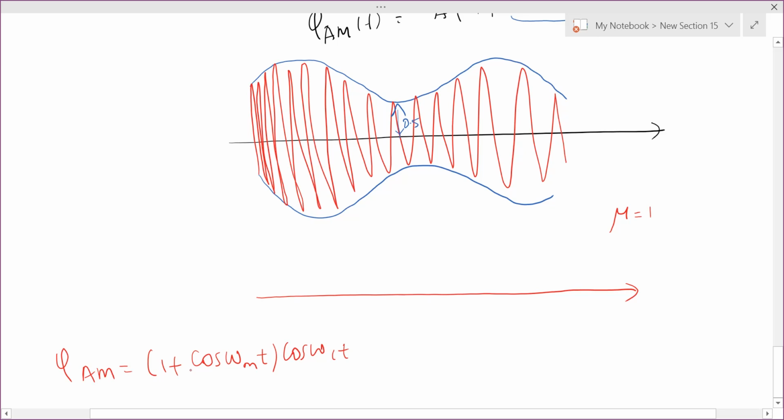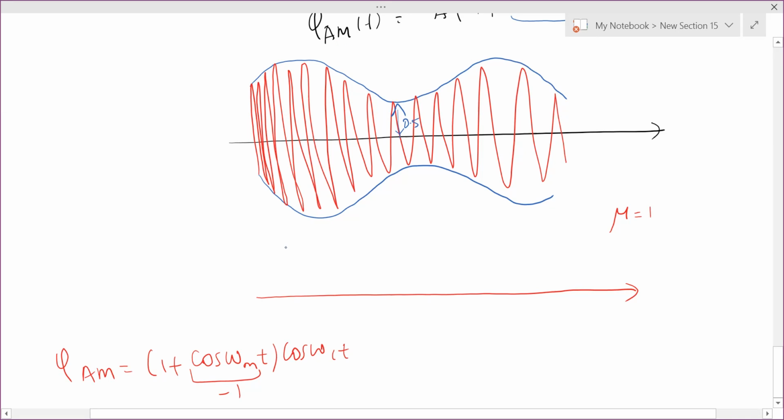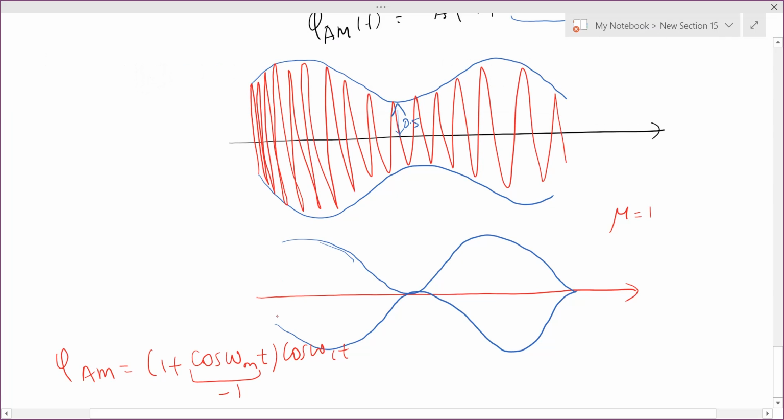So what is the maximum value of cos? 1. And what is the minimum value of cos? Minus 1. So at that point this will be 0. So the envelope will now touch the x-axis, something like this, and this will be the AM signal.